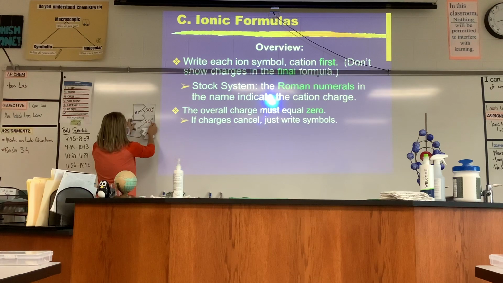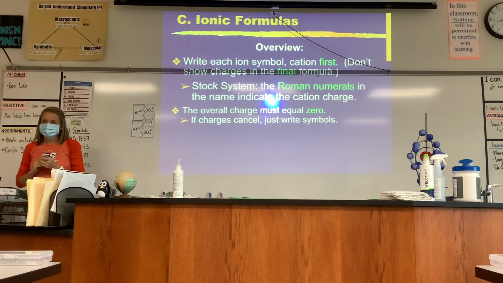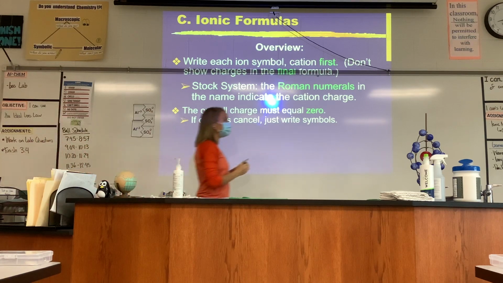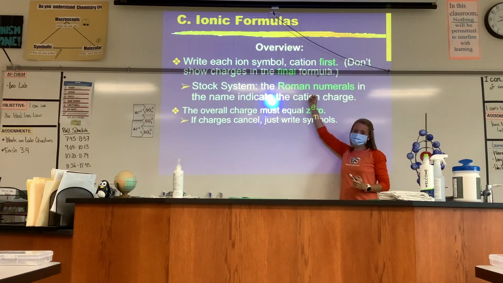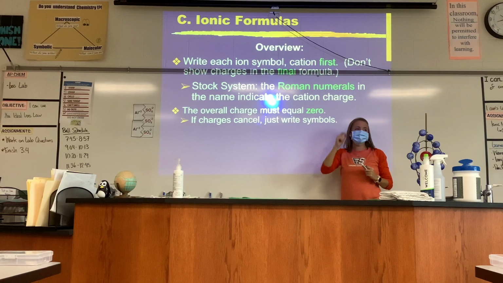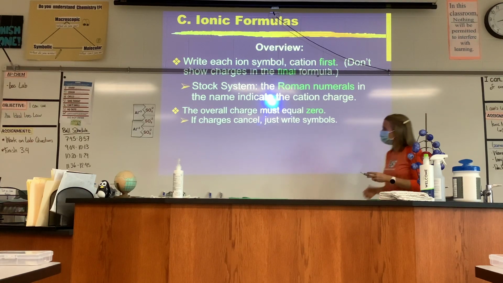With your charges, there is an important thing to recognize. If the name has one of the elements in the middle of the periodic table whose charge we don't know, it will always have a Roman numeral in its name. The biggest thing is the Roman numeral is the charge of the atom. You don't even have to look it up, it's telling you right in the name, and I'll show you an example of that in a second.